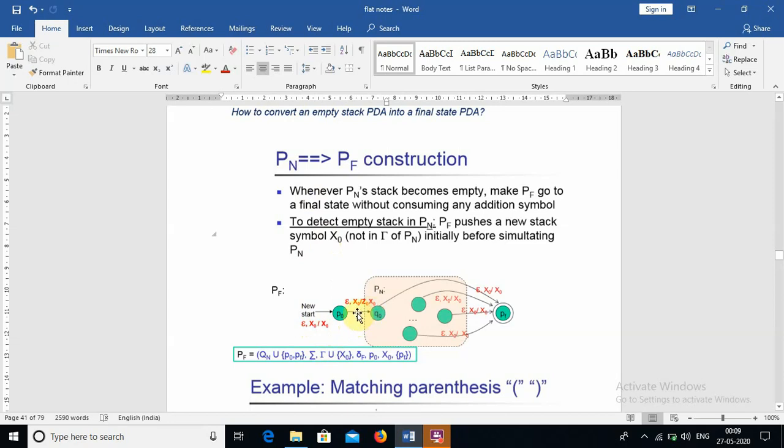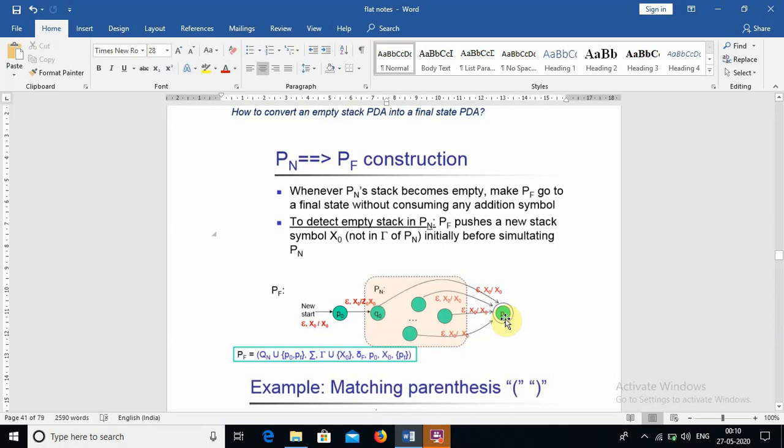When we consume the input string and reach Z0, that means we have consumed the entire string. We are left with X0, and directly from X0 we can transition to the final state by using epsilon transitions.